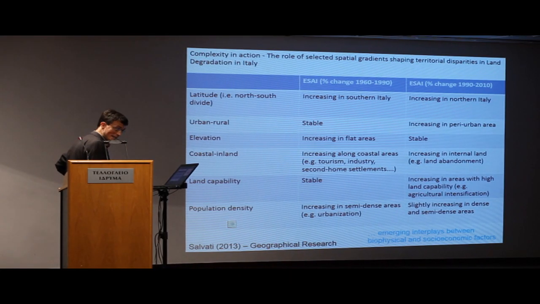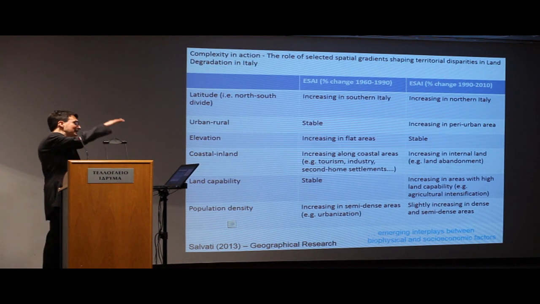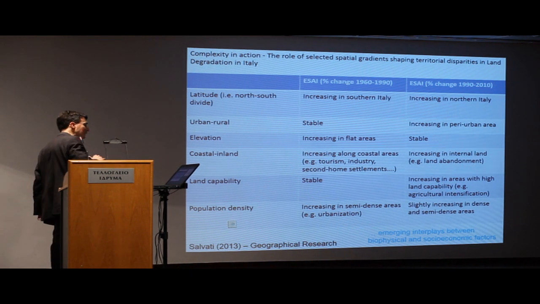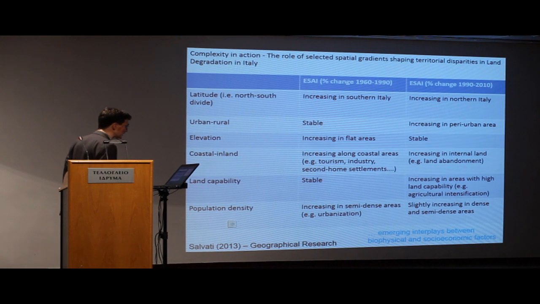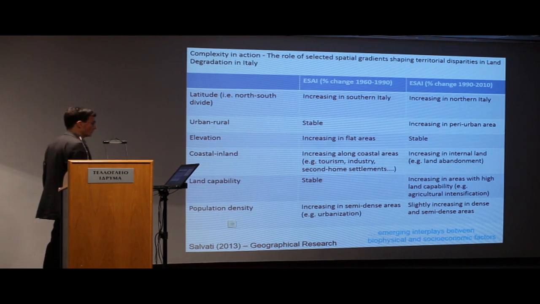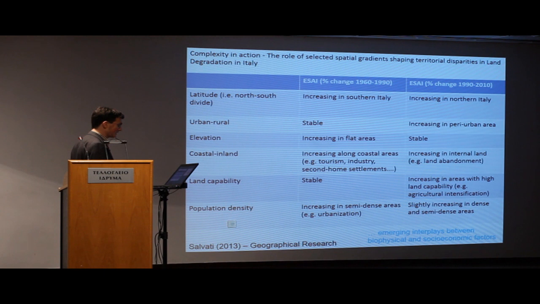Just to give you an example, here we have a percent change in the index, so vulnerability is increasing, where in the first period, 1960-1990, it is increasing only or mainly in southern Italy, and in the next period, 1990-2010, it is increasing in another area of the country, and so on for these gradients.